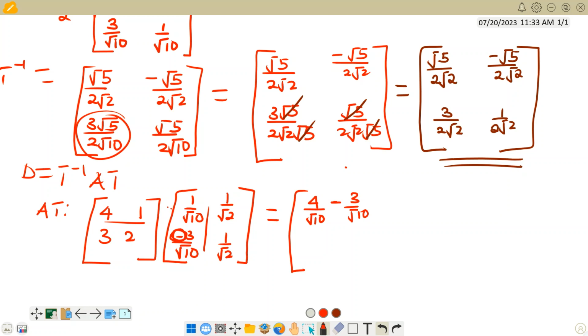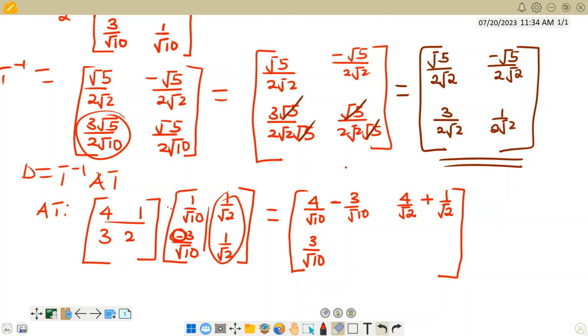Then again row by column, the same row on top multiplied by the second column, that one there. So that will be 4 over root of 2, and then this one is going to be plus, so plus 1 over square root of 2, like that. Then we do the same with the second row by the columns. So 3 times 1 over root of 10 is going to be 3 over square root of 10, and then plus minus.